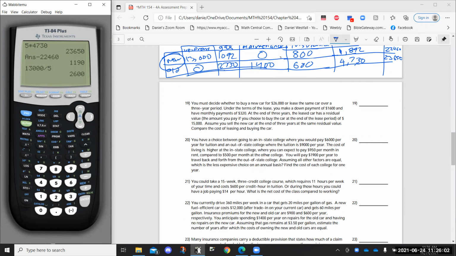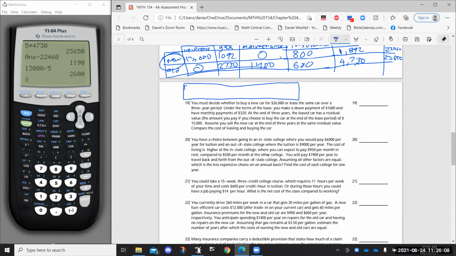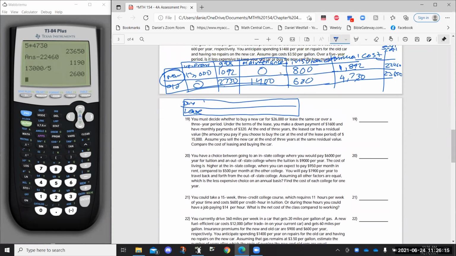For this problem, you must decide whether to buy new or lease the car. So we're going to buy or lease here. My first column here is going to be upfront costs. To buy the car, we're going to have to pay $26,000.